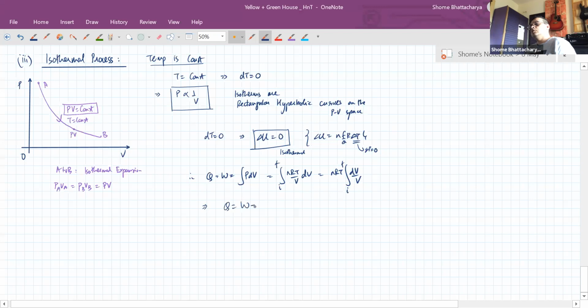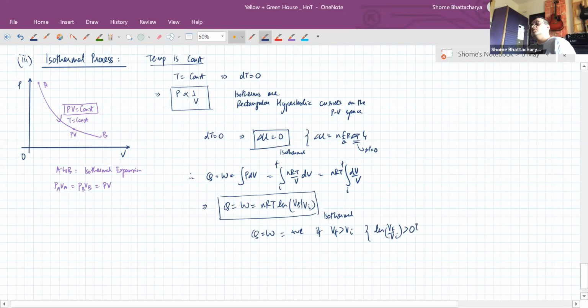So Q is equal to W is equal to nRT natural log of V final upon V initial for isothermal process. So Q equal to W will be positive if V final is greater than V initial. So ln of V final upon V initial will be a positive quantity. Okay, so that's for an expansion.